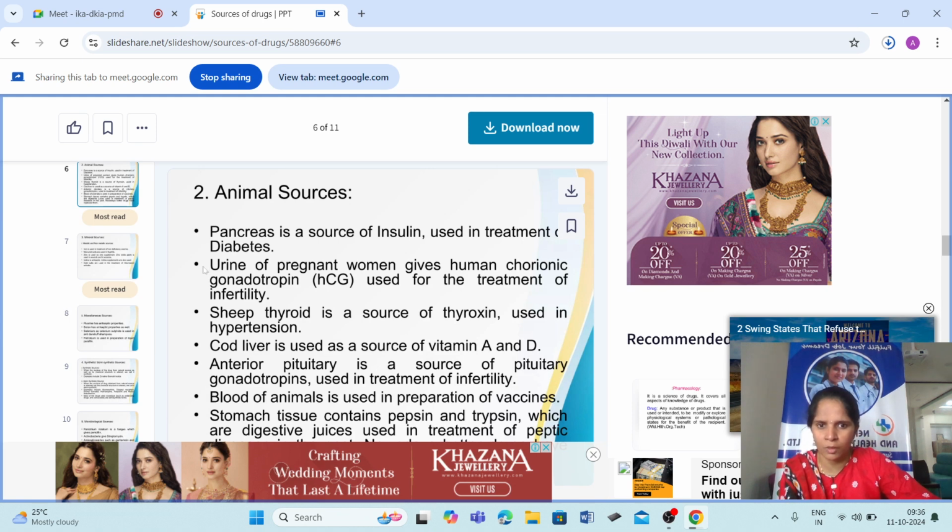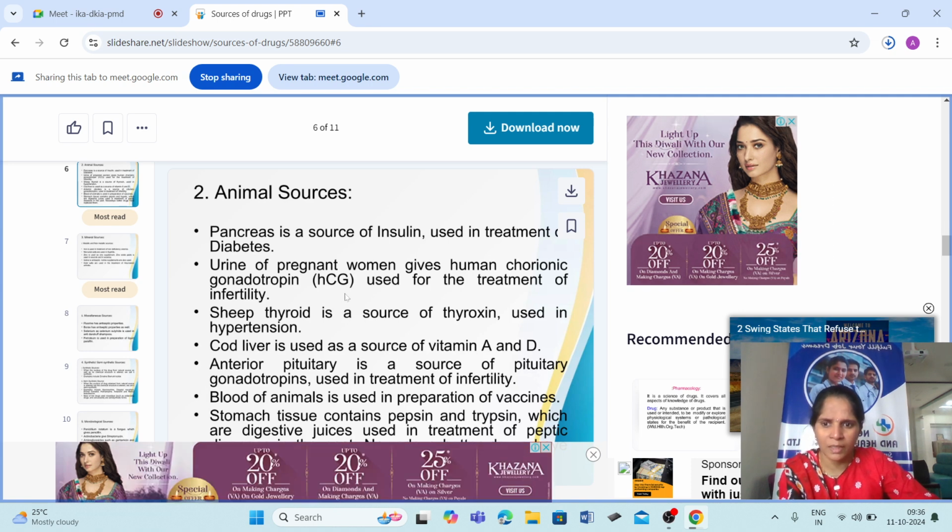And even HCG, human chorionic gonadotropin. This can be used in case of what? Infertility. What do you mean by infertility? If a woman is not able to produce the ovum or ova, we call it infertility. So in such women, we can go with the usage of HCG.